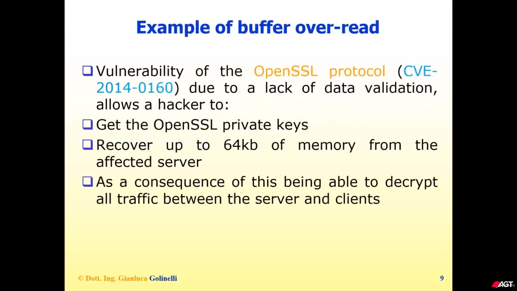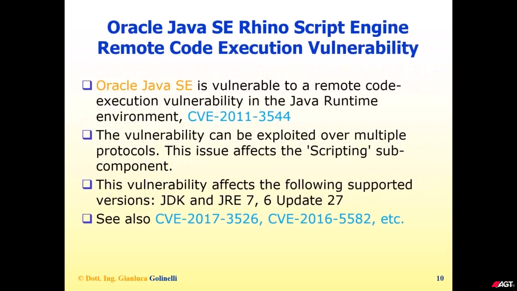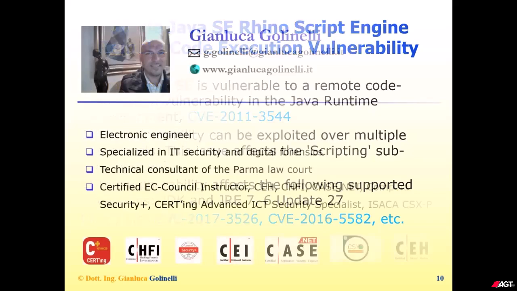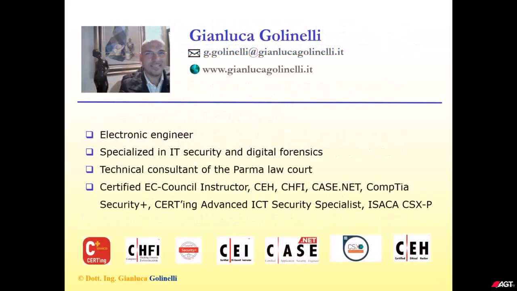And another example of buffer overflow vulnerability in the OpenSSL library. And finally, an example of a vulnerability from buffer overflow in the Java virtual machine. Thank you for your kind attention.